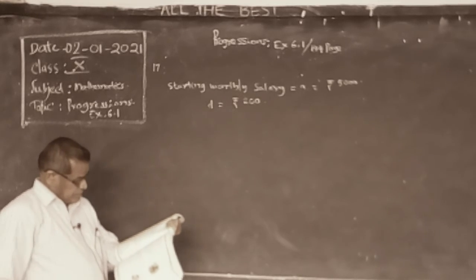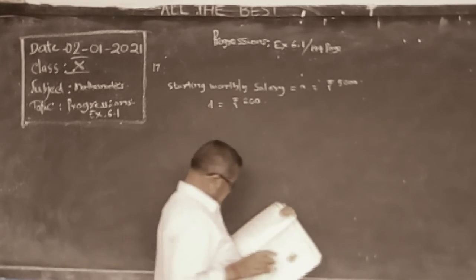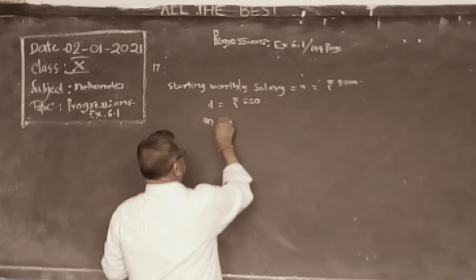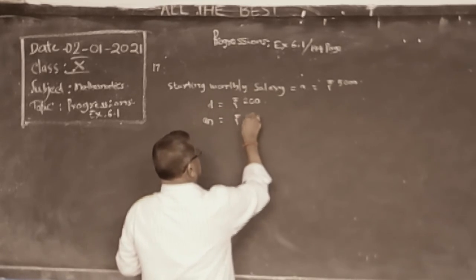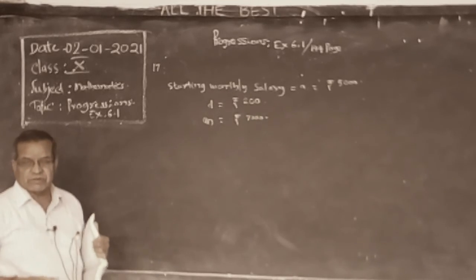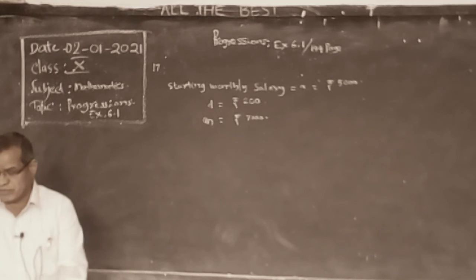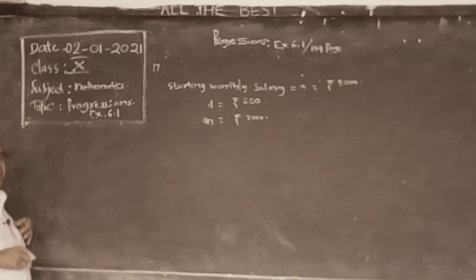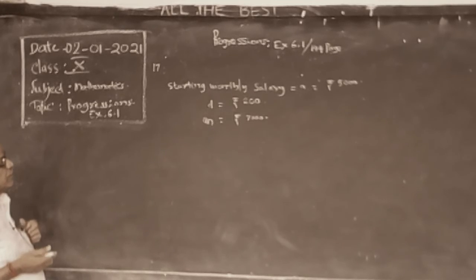In which year did his salary reach 7,000? The last term is 7,000. We know A value 5,000, D value 200, and the last term 7,000.